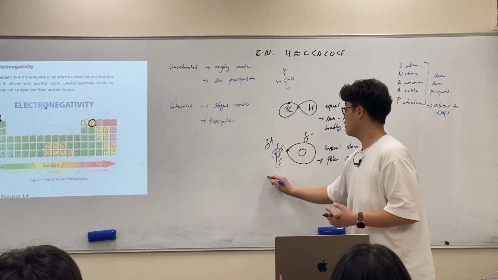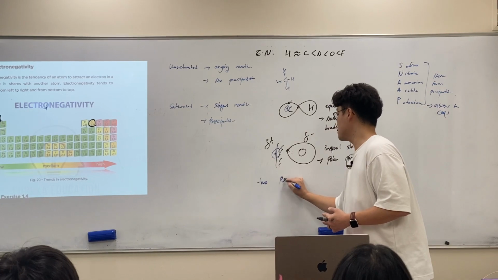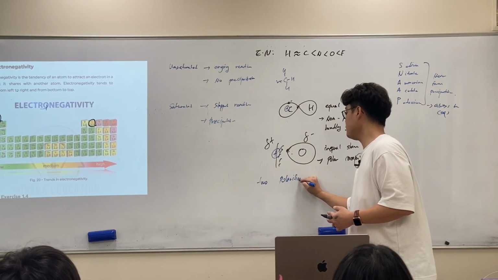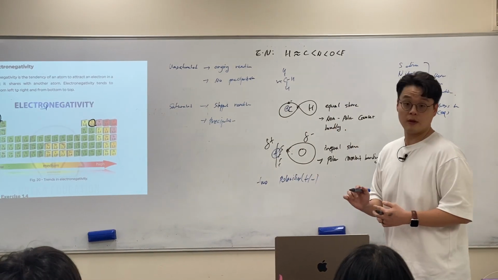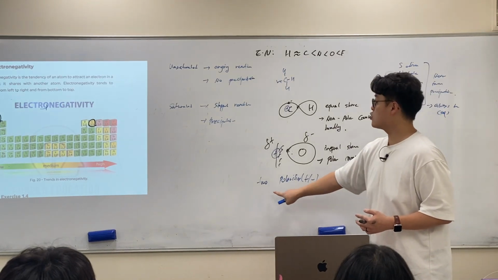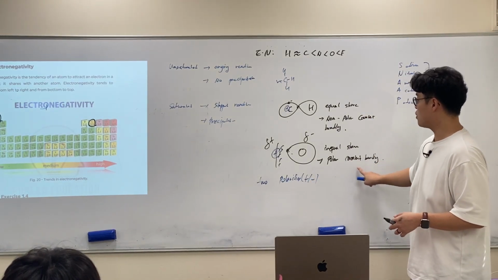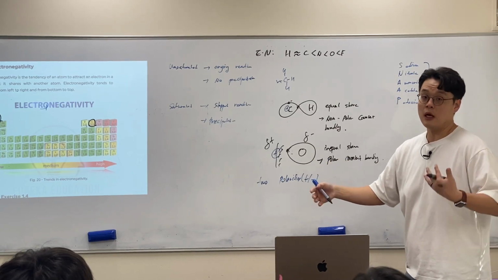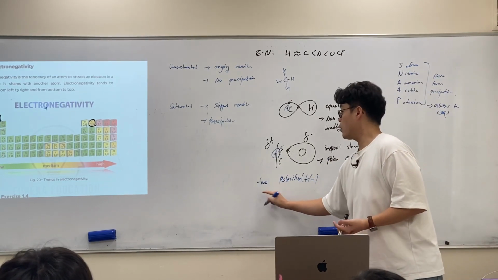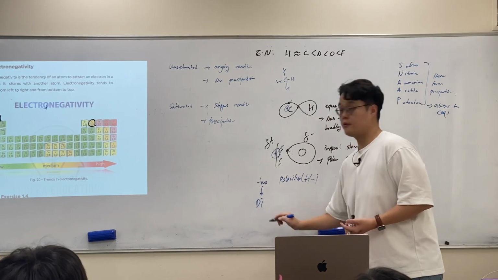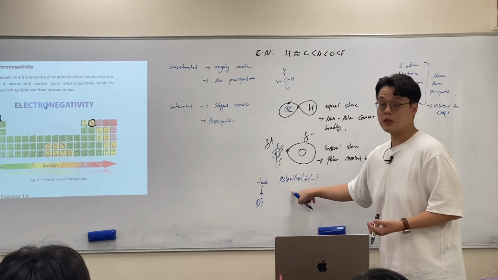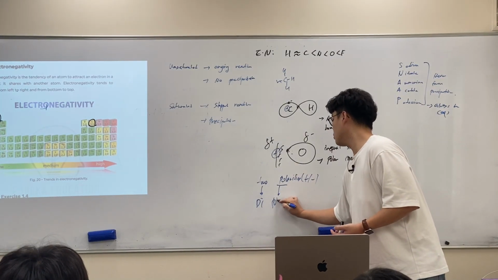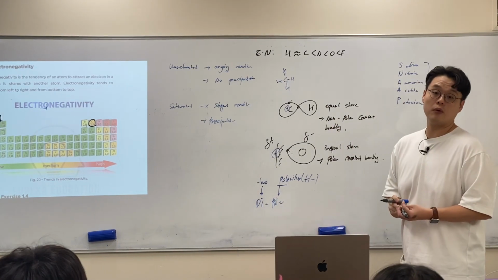We have two polarities. One is positive, one is negative. Instead of saying the two polarities formed due to that polar covalent bonding every single time, because I can't be bothered to say a long sentence, I simply say we have two, which is di, and polarity, take the pole. This is called a dipole.